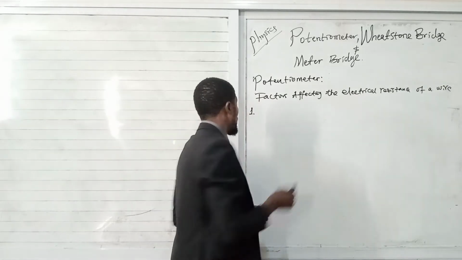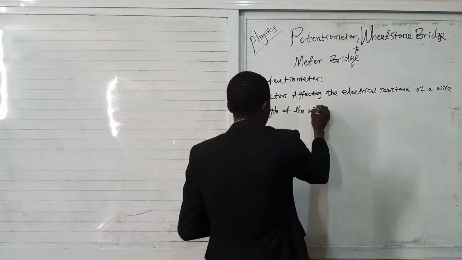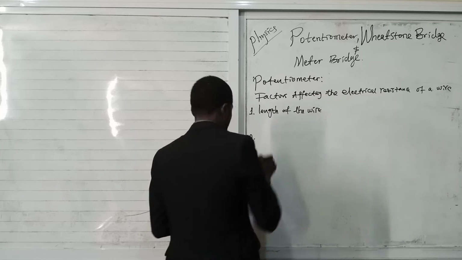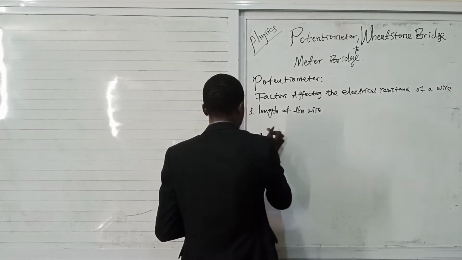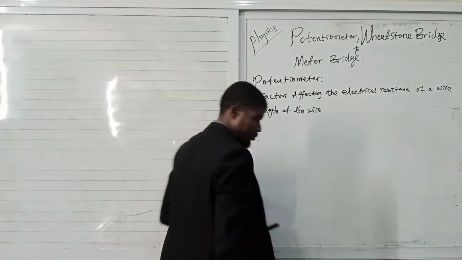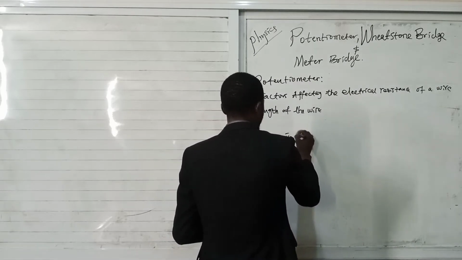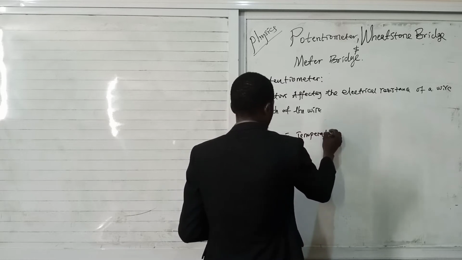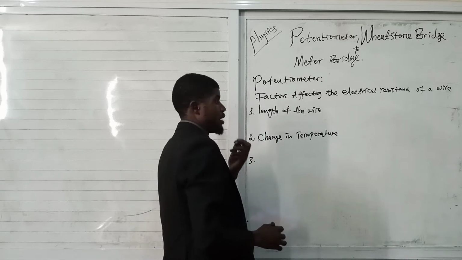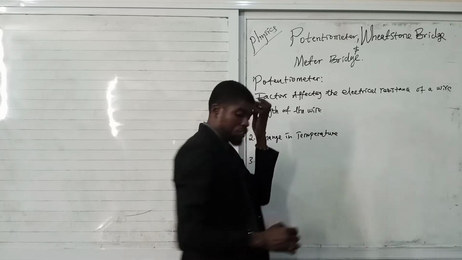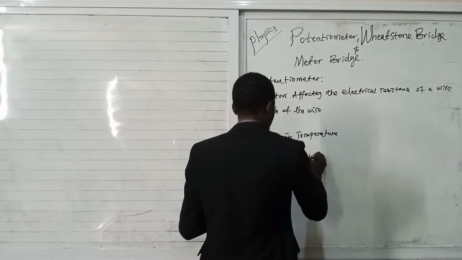Number one, we have the length of the wire. Number two, we have the temperature, let's call it change in temperature. Number three, we have the cross-sectional area, the area of the wire.